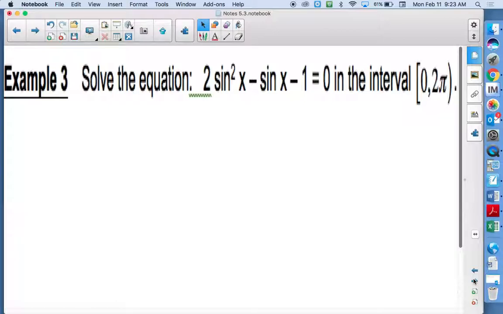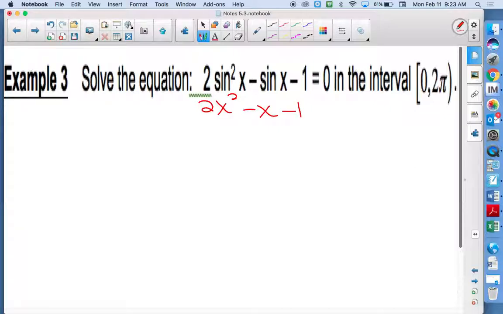What does this one look similar to in algebra? 2 sine squared x minus sine x minus 1. Emerson. Yeah, that looks very similar to a quadratic equation. So this looks like 2x squared minus x minus 1. Algebraically, it has that same pattern, ax squared plus bx plus c. So Emerson, how would you solve this type of problem?